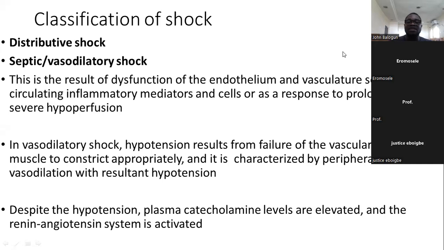If you want to describe the other types of shock, the pulse is steady, but for septic shock, you say the pulse is bounding. That means if you feel it, it is pounding in your hand, boom, boom, boom. But for the other types, you have to press harder to even feel the pulse.